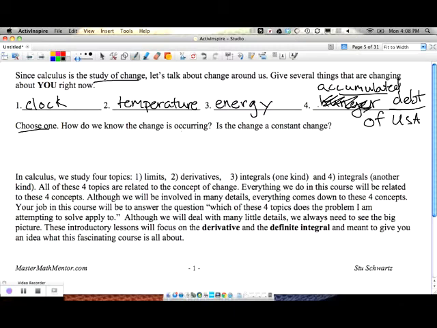It says choose one. How do we know that change is occurring? Is change a constant? Is the change a constant change? I would say that we know because values are different over time.